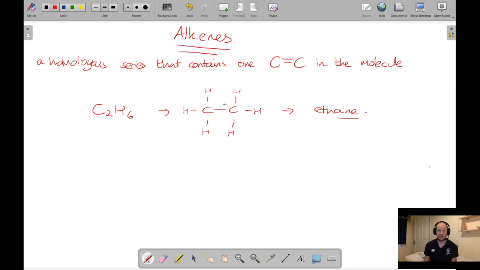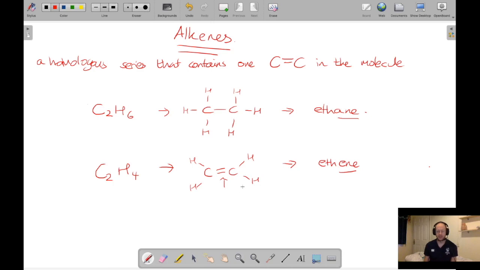It is an alkane because there's no double bonds. C2H4 looks like this, and we call that ethene. This is ethane, this is ethene, because it has this double bond.